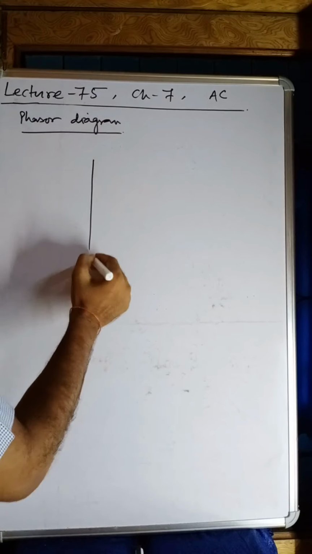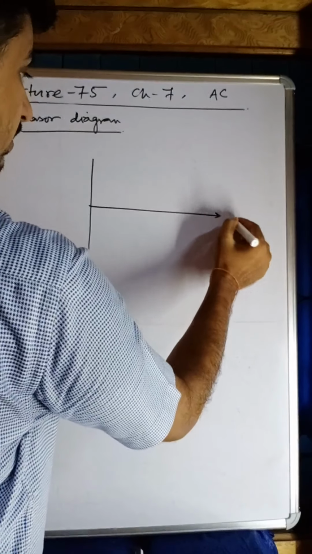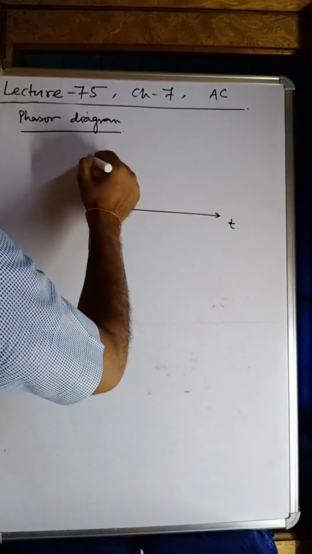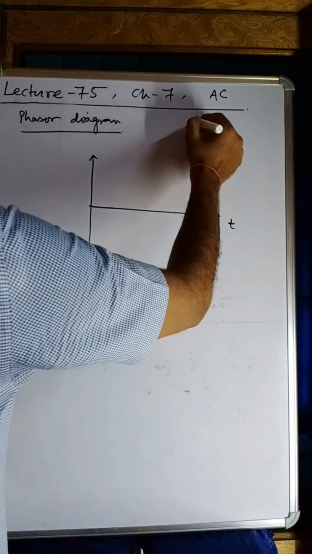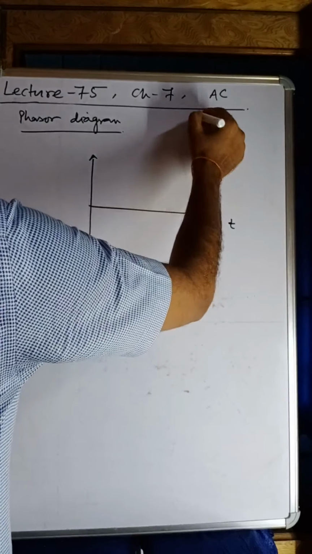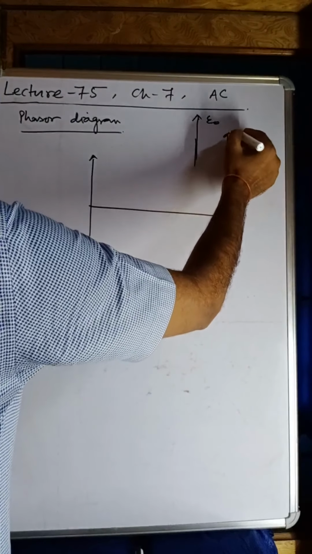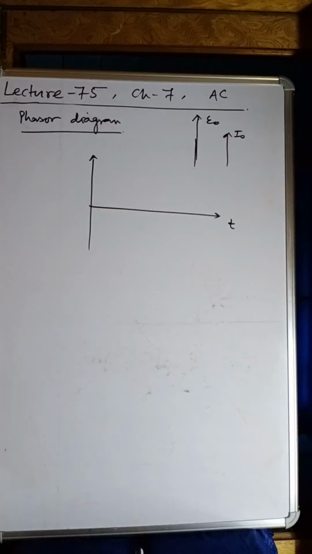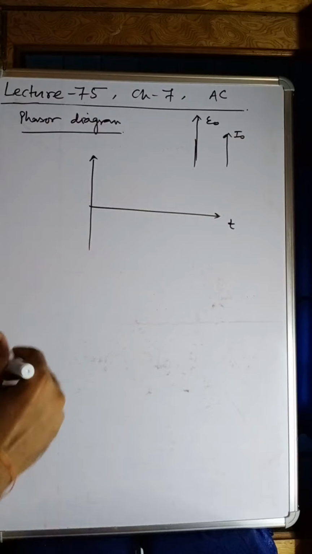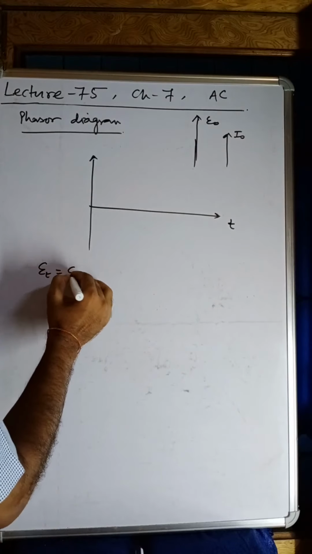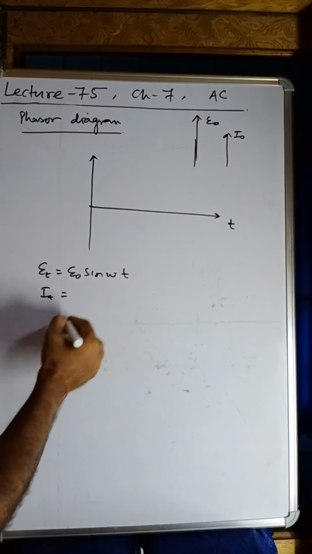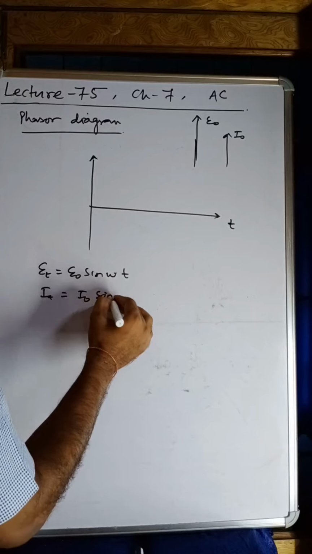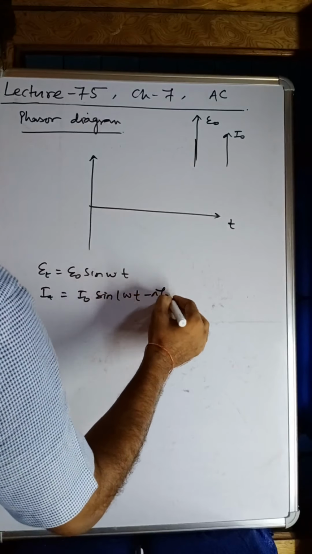Phasor diagram. This is T or omega. If we take voltage of this length E naught, then I naught will be smaller, we know very well. Let me rotate the voltage phasor by omega t. How? Et was E naught sin omega t, but for It we got I naught sin omega t minus pi by 2.